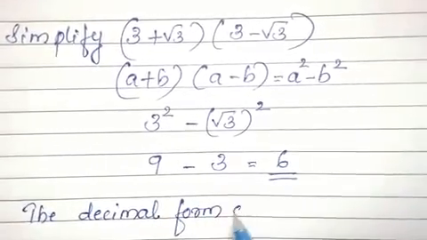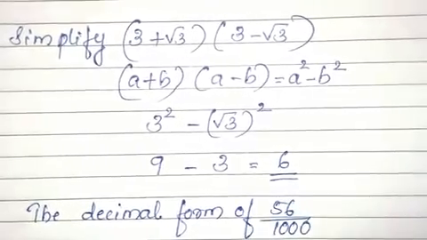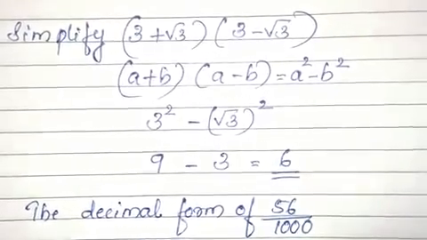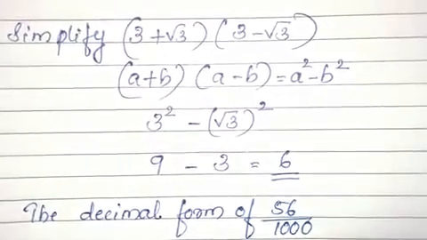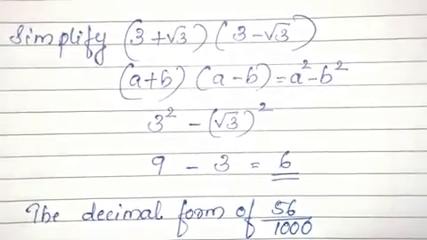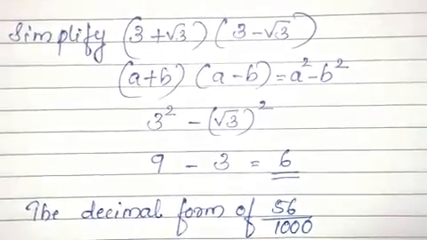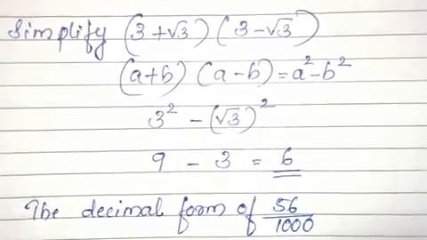The second question is the decimal form of 56 by 1000. So it is very easy. For one place, we should put the decimal point from the right side after one number. If it is two places, from the right side we should put the decimal point after 2 places.